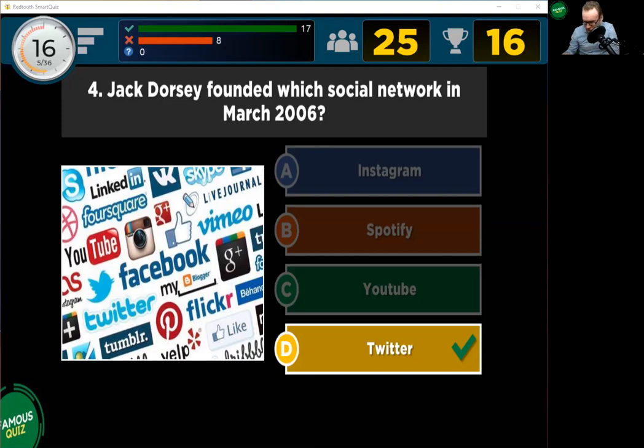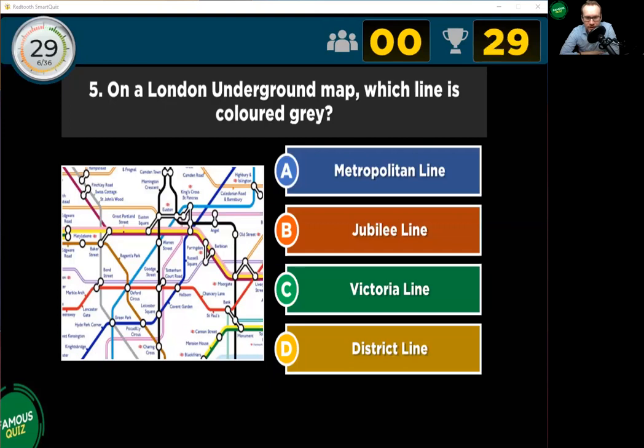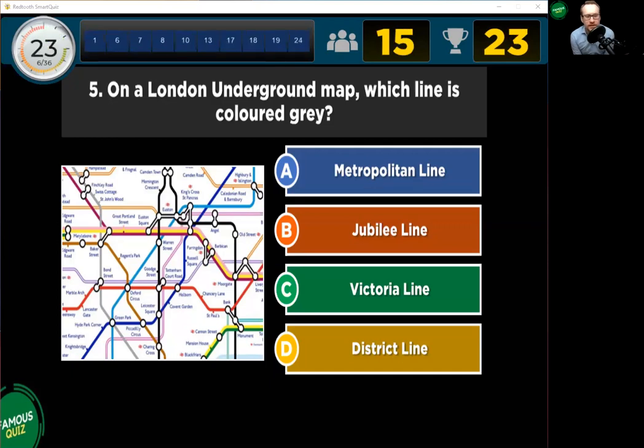All right. Question number 5, round number 1. On the London Underground map, which line is colored gray? Metropolitan line, Jubilee line, Victoria line, or District line? I can tell you, this line is the fastest, in my opinion, in the London Underground. Literally, the tube is flying.